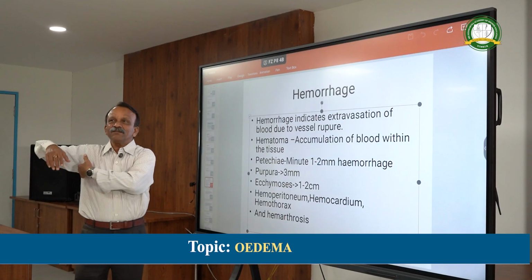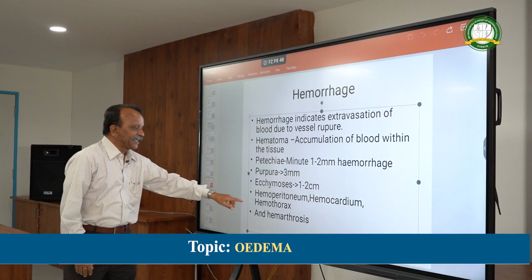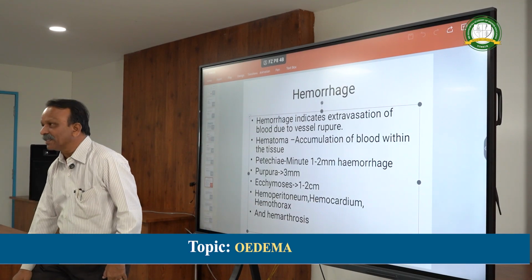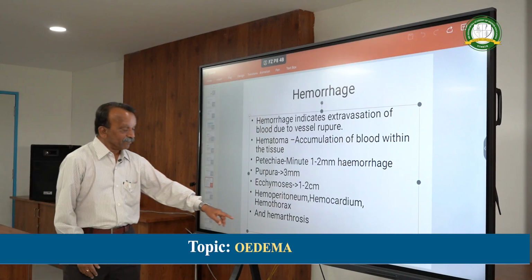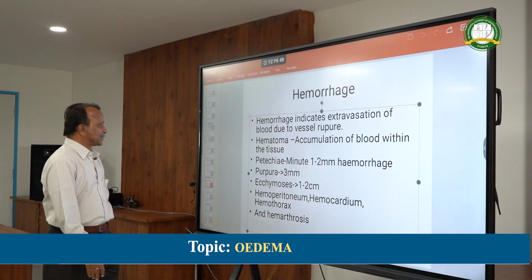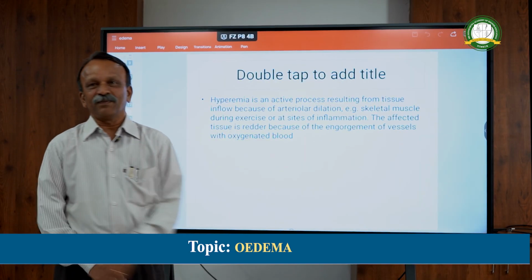And sometimes there may be collection of blood in the pleural cavity, that is called hemothorax. And as I told, in the joint, if there is collection of blood, that is called hemarthrosis, right? And next, what is hyperemia?